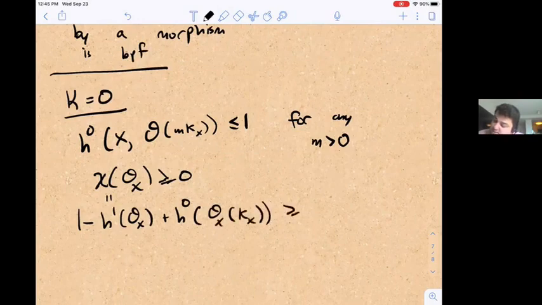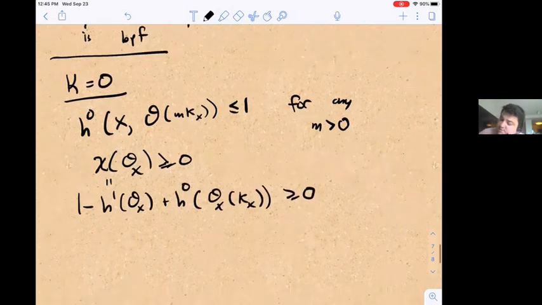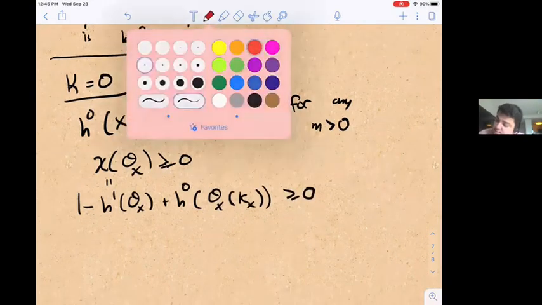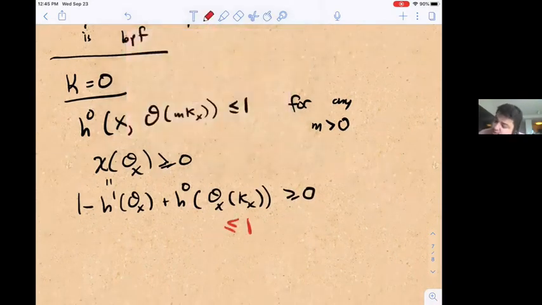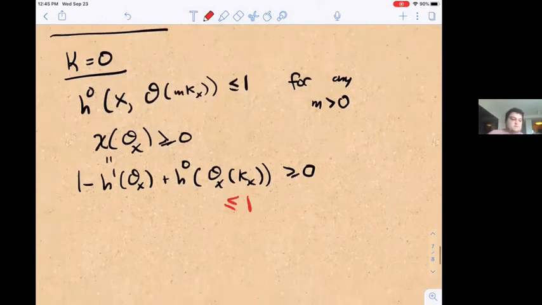So this is greater than or equal to 0, but also this term is less than or equal to 1. And so now we can go through the possible cases. There's essentially only five possibilities for what H1 of O and H0 of K can be.